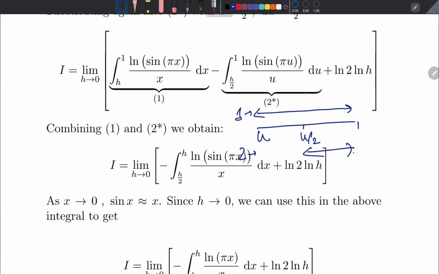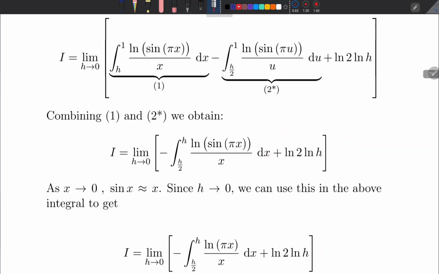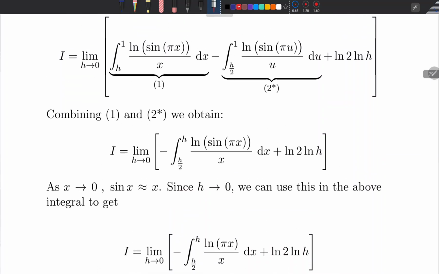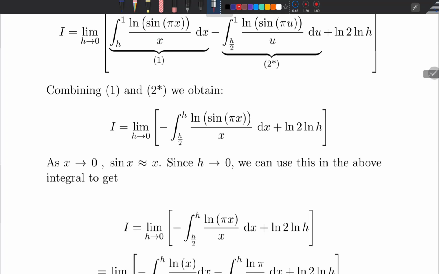So when we subtract the second from the first, we are left with the integral from h over 2 to h, with a negative sign, and we can understand that with our previous image.